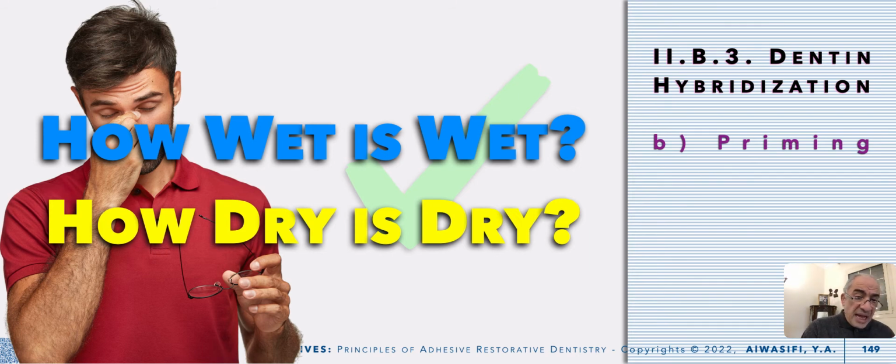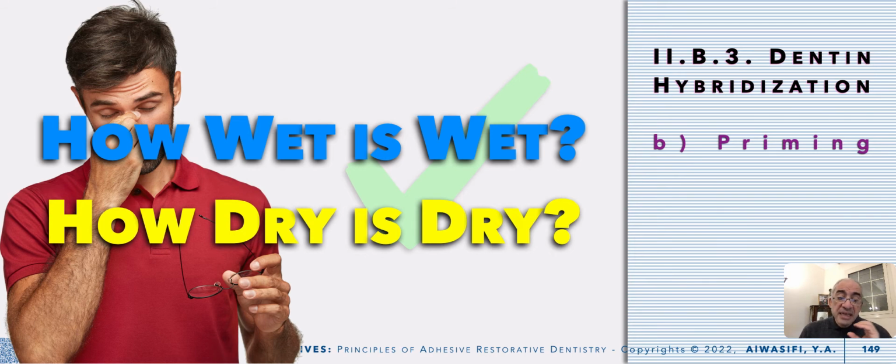even with acetone or ethanol based primers, okay, the coats you apply couldn't remove all the water or couldn't replace all the water. And if you let your dentin excessively dry when applying water-based primers, you will get hybridoid zones.